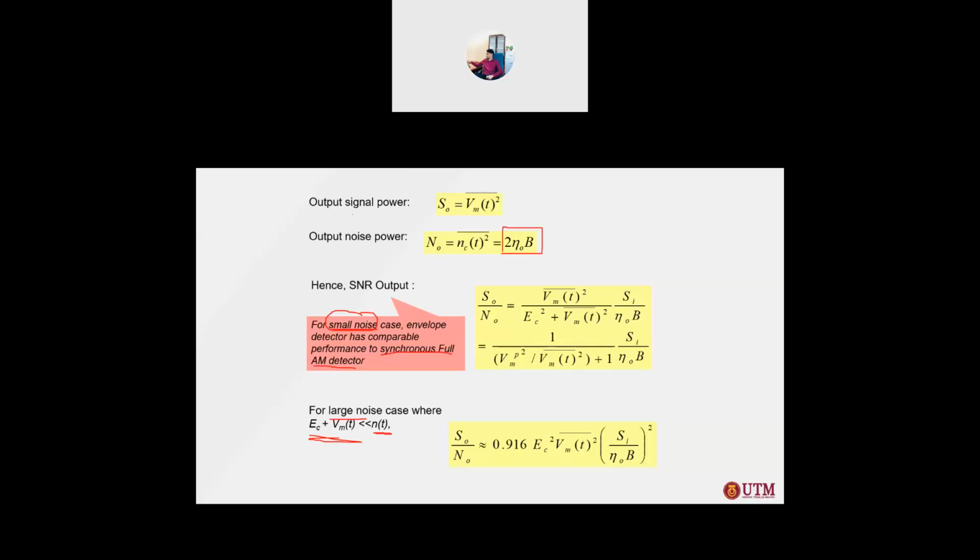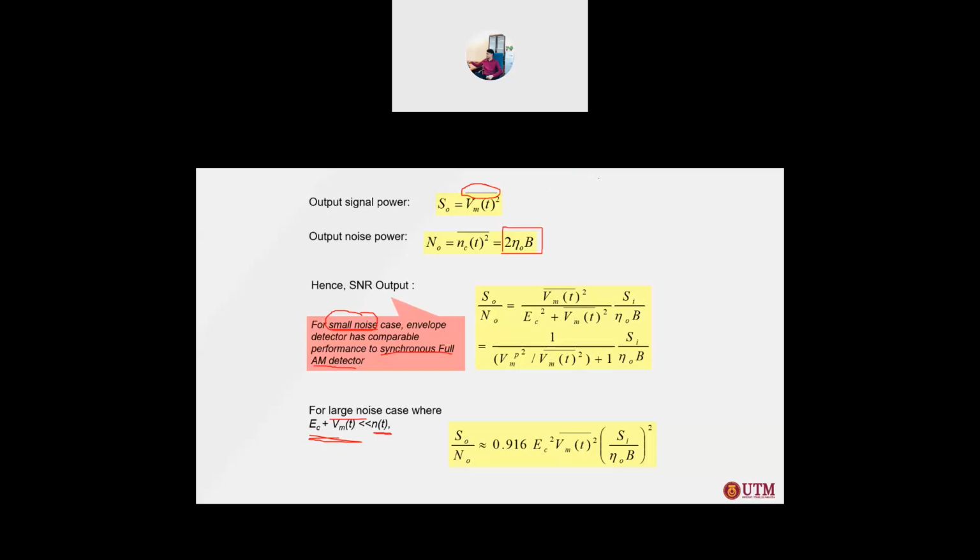The output signal power. You can see the book, they didn't use this. So I hope that you can refer to the module, because in the module they will give you a much better way of presenting the equation, so that it is more obvious.